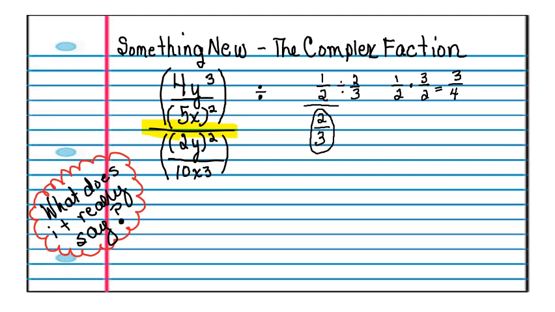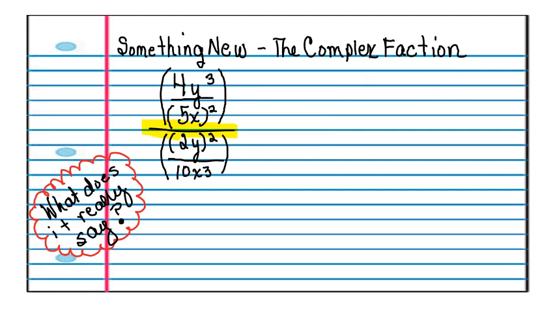Another way that we can do this is by just canceling out the denominator here. Whatever you do to the bottom, you have to do to the top. So we get the 3/2, and we end up with the same result, 3/4.